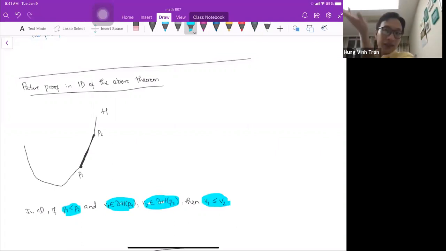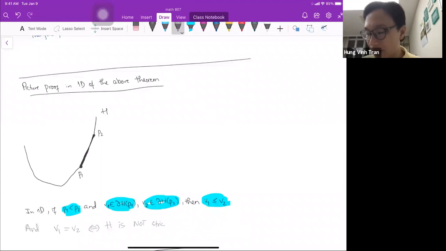Because it's changing like that. Surely you can have equality, but V1 equals V2 if and only if H is not strictly convex. So that's it.